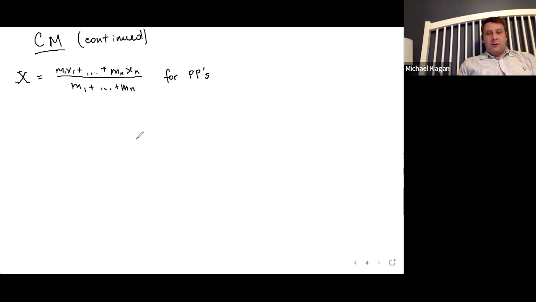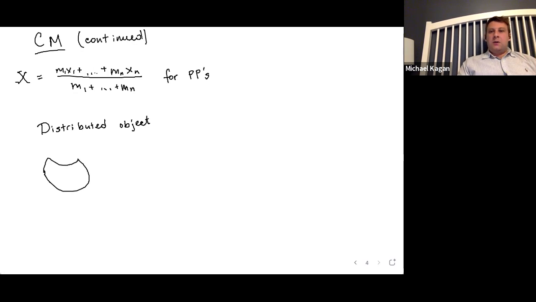But what if we have a distributed object? How do we handle it? Take an object that has some weird shape and weird mass distribution. First off, what do we need to know? Yeah, clearly we'll need some integrals, that's true. But let's first understand what we need to know to begin with to be able to find the center of mass.